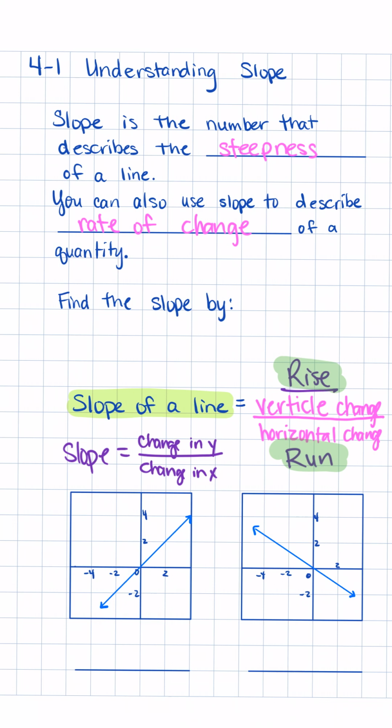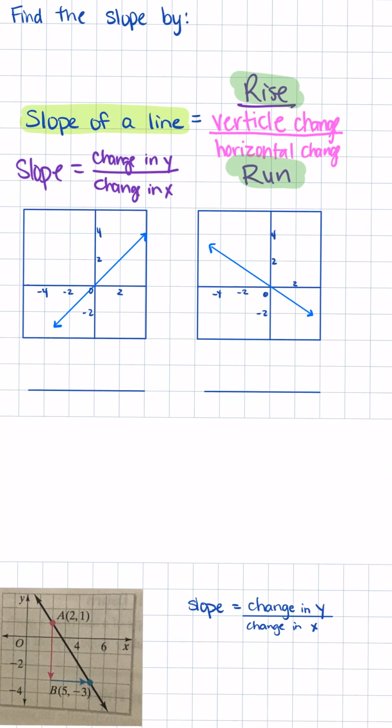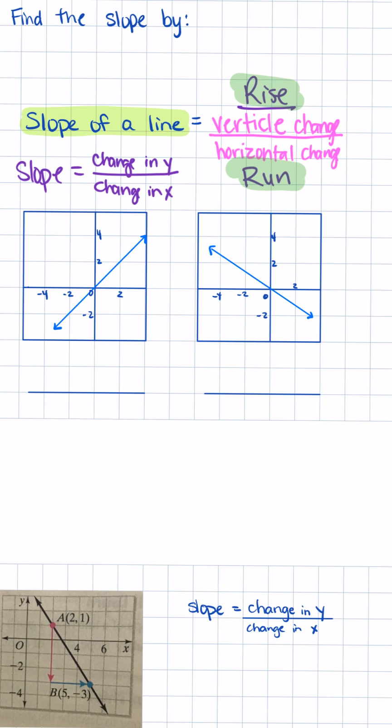So if we are looking at these lines over here, and remember, rise over run, there's two things. This could be either a positive slope or a negative slope. How this is going up is considered a positive slope.